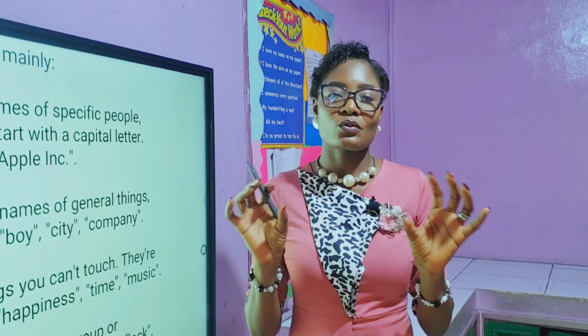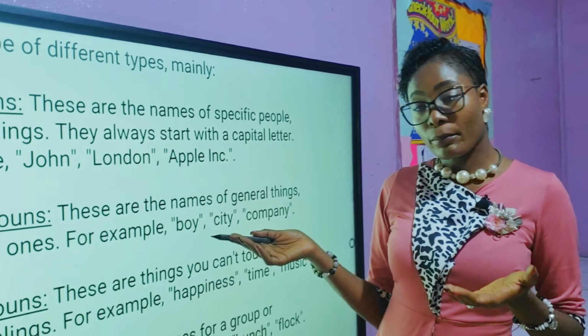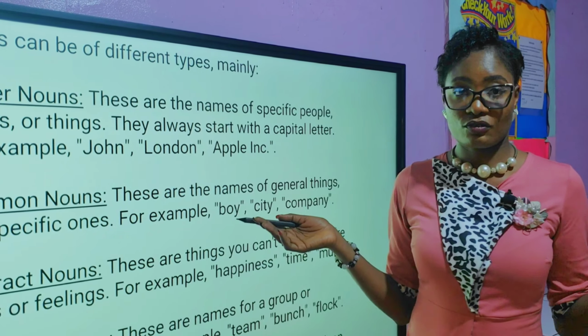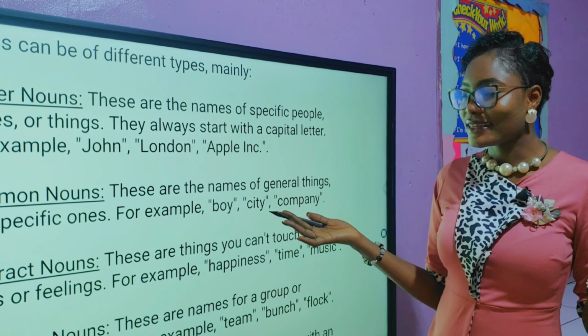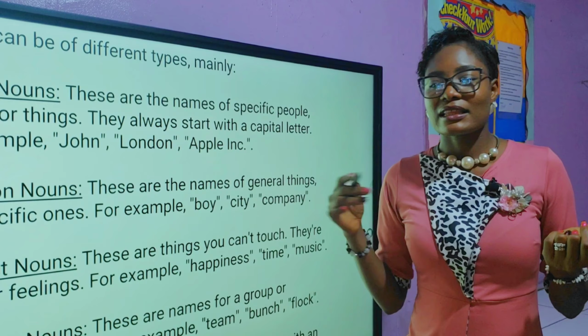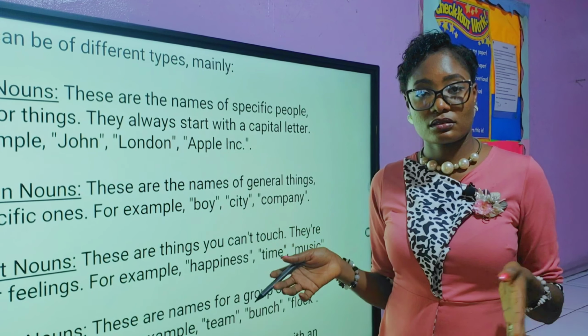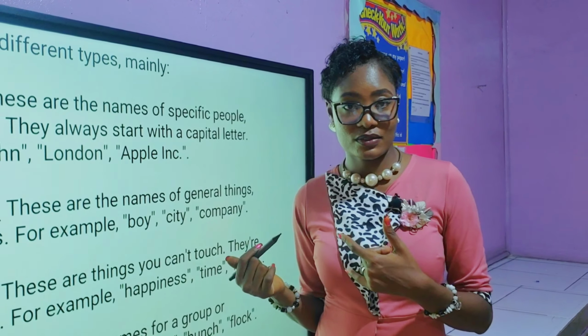Okay, so that's what we mean by general things. We have the example here, boy, lots of boys out there. City, we have lots of cities as well. Company. These are not specific names. They're just general names. So that's why they're common nouns.